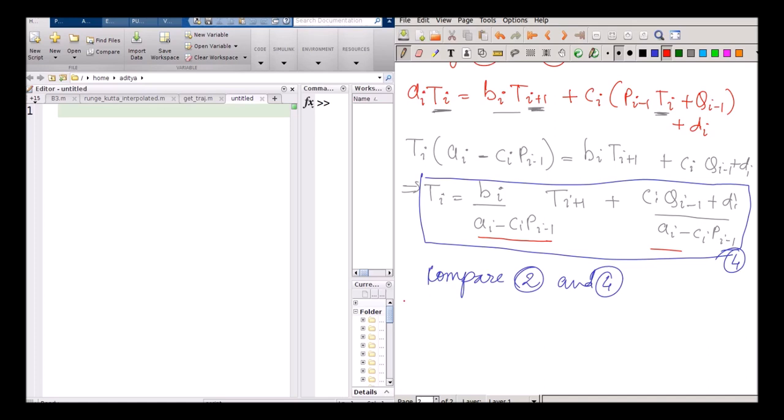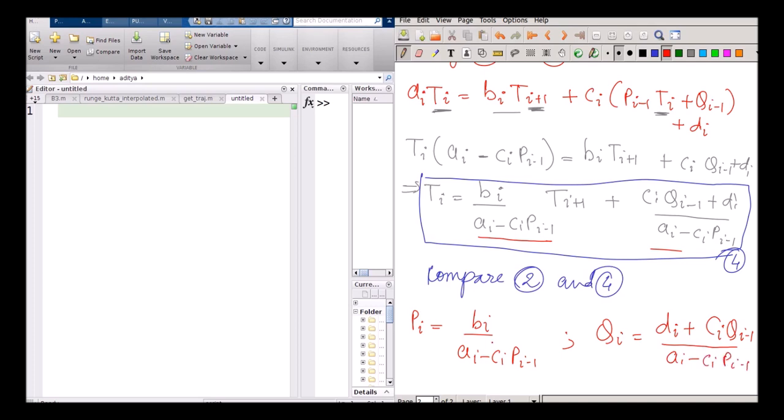So Pi is equal to Bi by Ai minus Ci Pi minus 1 and Qi is equal to Di plus Ci Qi minus 1 divided by Ai minus Ci Pi minus 1.